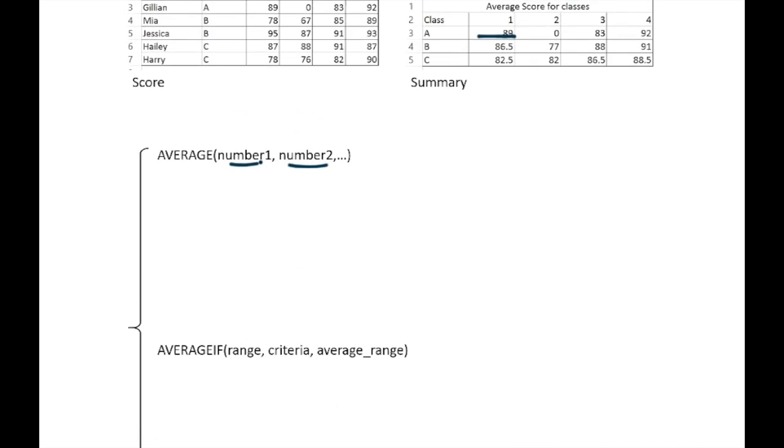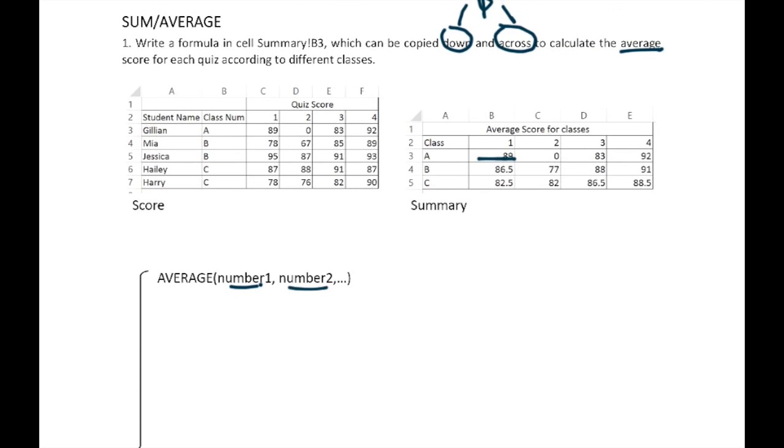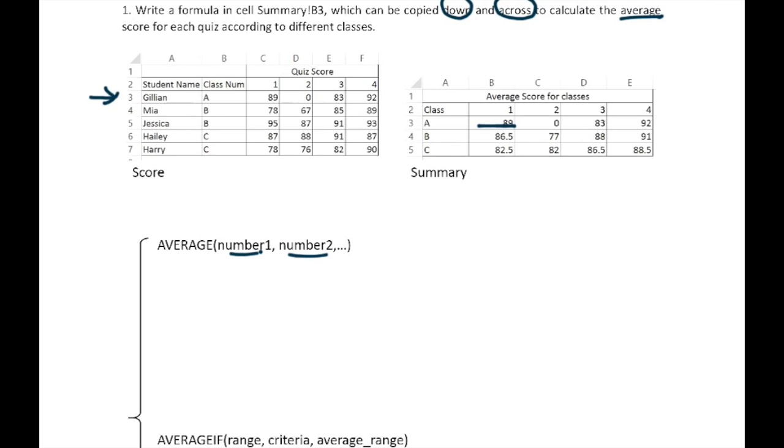So for example, for this one, you want to use average only if you want to know the average score for Jillian. It would be very simple: use average of C3 to F3.